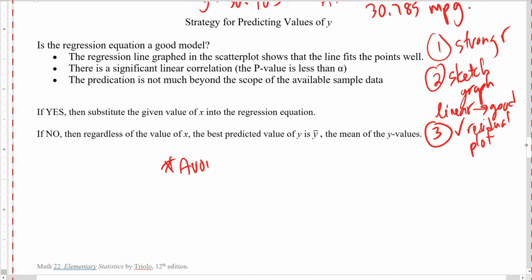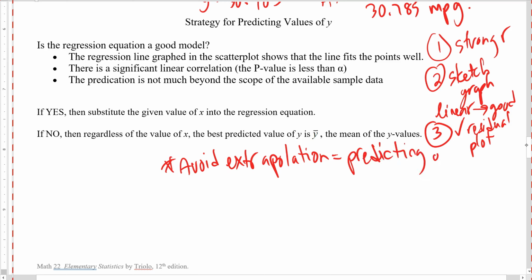Avoid what's called extrapolation. Extrapolation is predicting outside a collected data. So, like, I'm not going to say, well, what would the miles per gallon be for a 50-pound car?